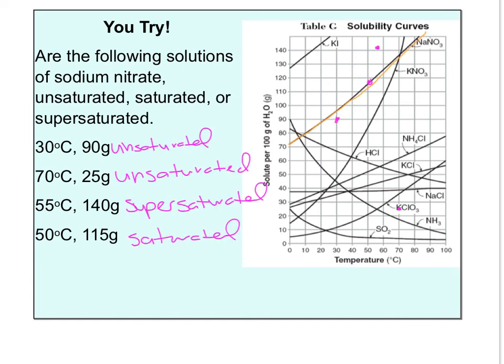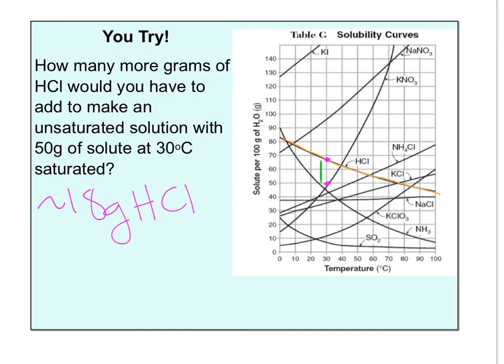So on the graph, I have the line that you're supposed to look at and these 4 points written out with their different values: unsaturated below the line, above the line, on the line. For this one, you are looking at the HCl line.